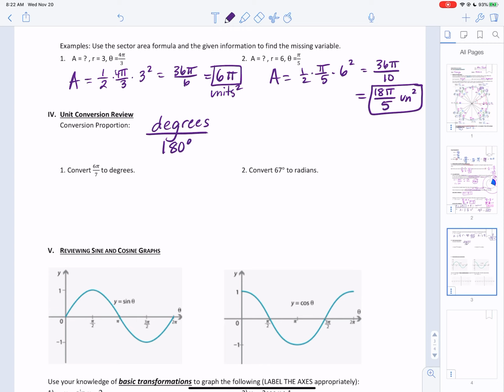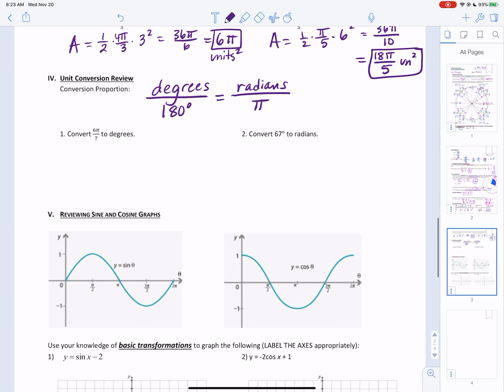So you would put your degrees over 180 equals radians over pi. You could also use, instead of 180, you could use 360, and instead of pi, you could use 2 pi. But it's basically a unit conversion, just like you know that there's 12 inches in 1 foot to use as a unit conversion. Okay, so it's just setting up a proportion.